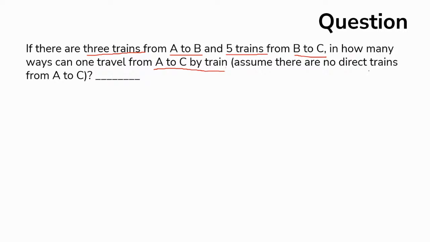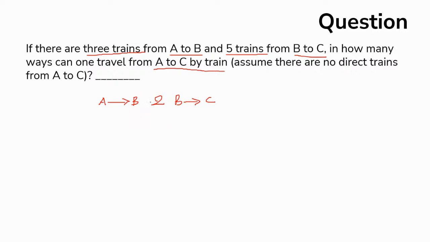Assume there are no direct trains from A to C. So first he has to move from A to B, and then only he can move from B to C. They are asking for how many ways he can travel from A to C.